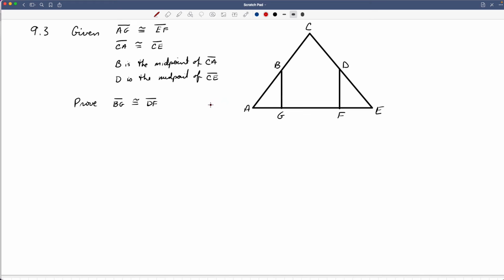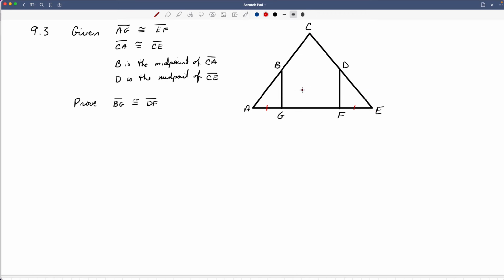Okay, so we are given that AG is congruent to EF. So AG is congruent to EF. And CA is congruent to CE. And then B is the midpoint of CA. So if CA is congruent to CE, right?